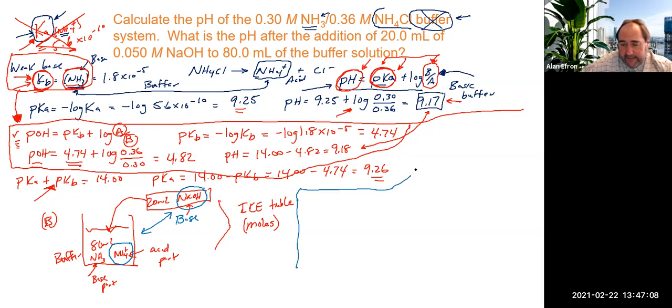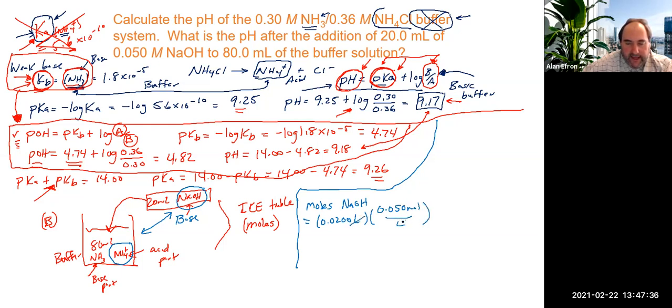In this case, the volume is not being held constant. To figure out the moles of sodium hydroxide we are adding, we take the volume, convert it to liters, so that's 0.02 liters times the molarity of the sodium hydroxide, which is 0.05 moles per liter.